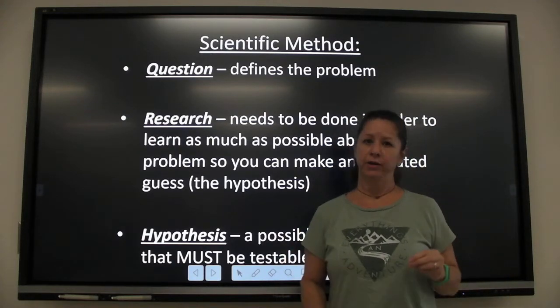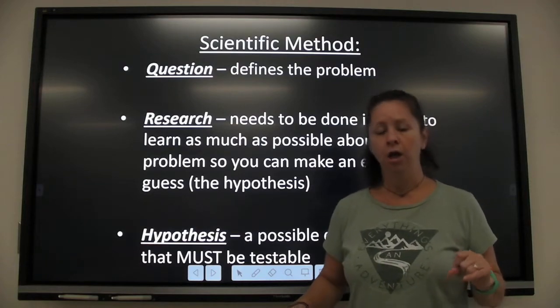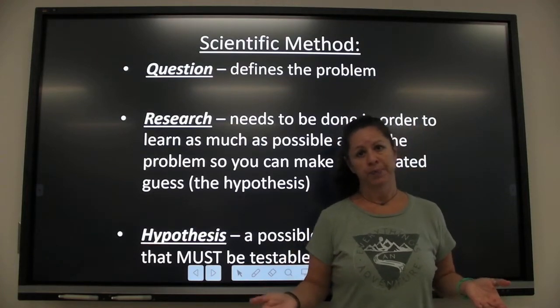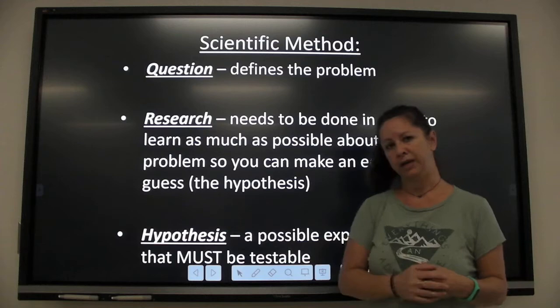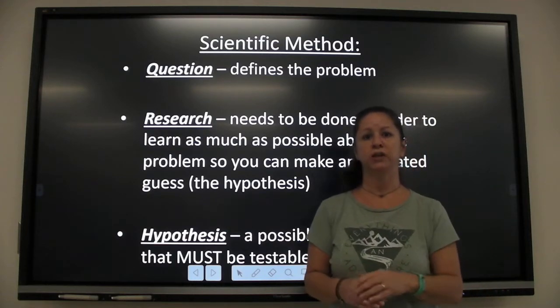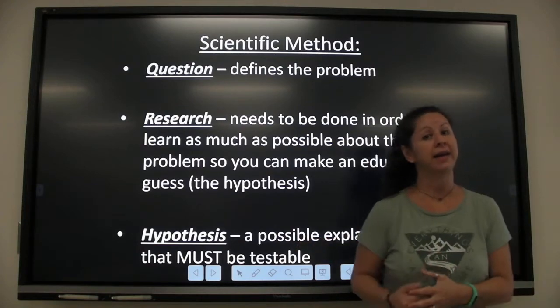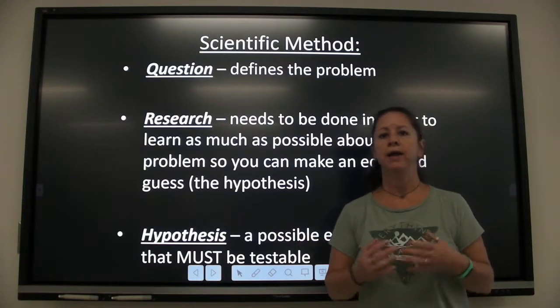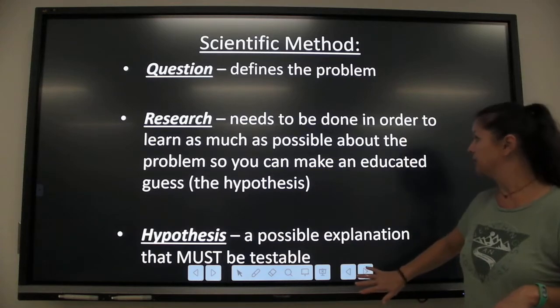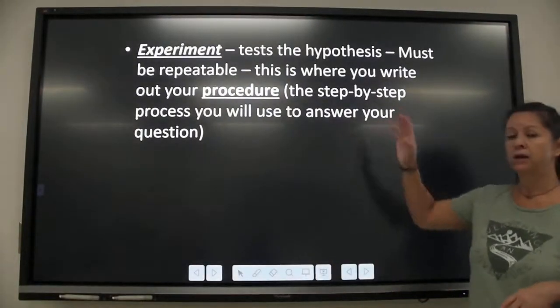You're actually answering the question before you have data. And that's what it's supposed to be. It's supposed to be an answer to the question that you can then test, creating an experiment in order to see if you are right.